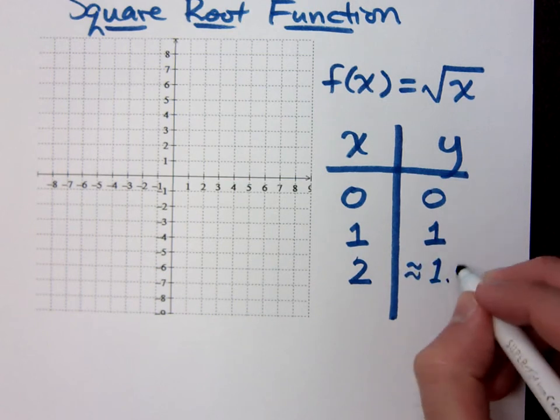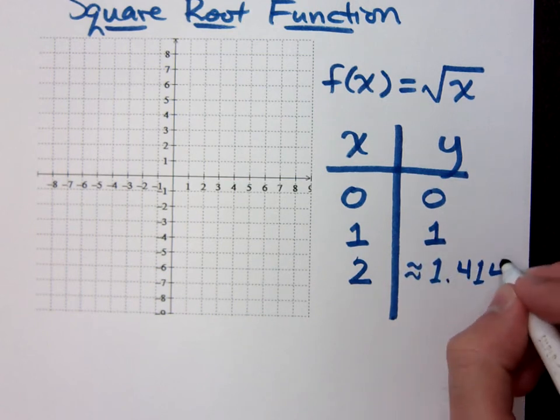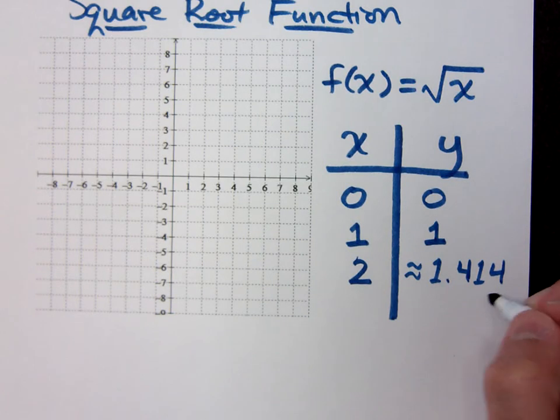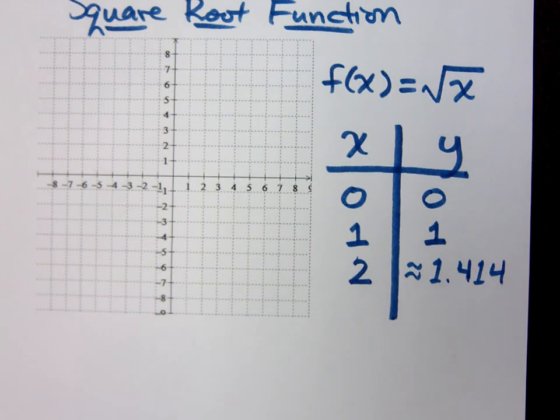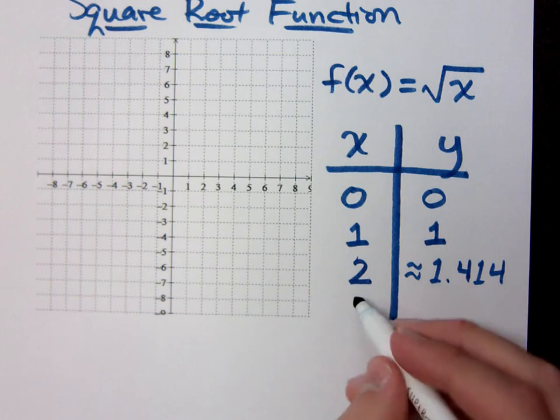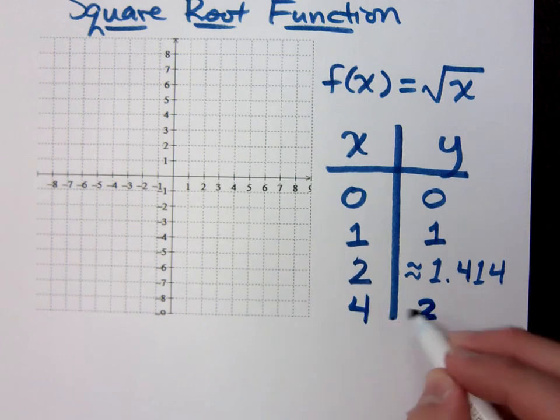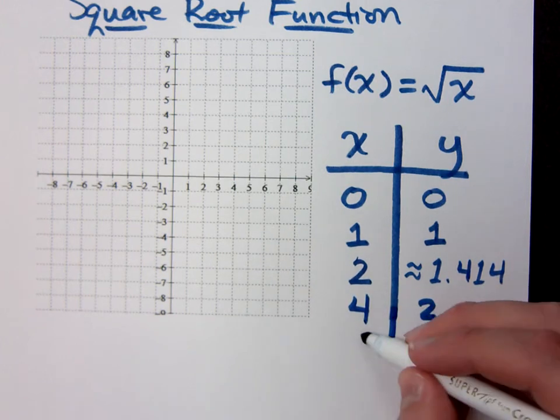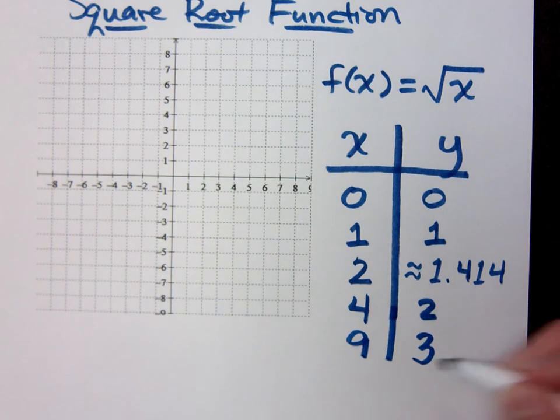It's approximately 1.414. Do you want to plot that guy? No. Not really. You want to plug in numbers that will give you nice numbers on the outside. So what would you really like to plug in? 4, 9, 16. 4 gives you 2. 9 gives you a 3. Square root of 9 is 3. Do you all agree? Yeah, square root of 9 is 3, not 9.